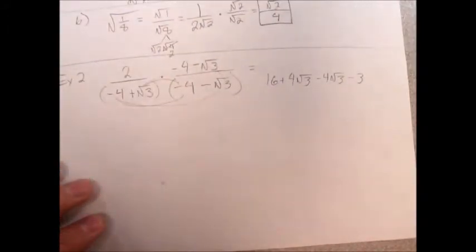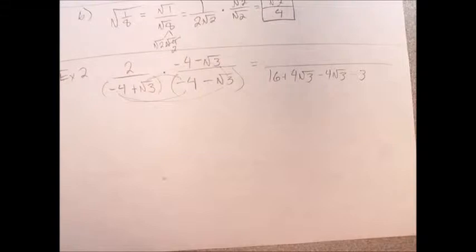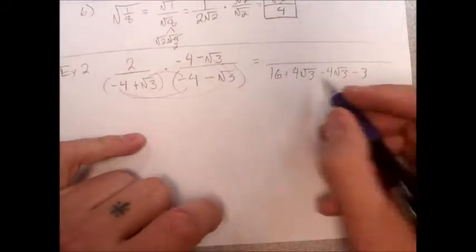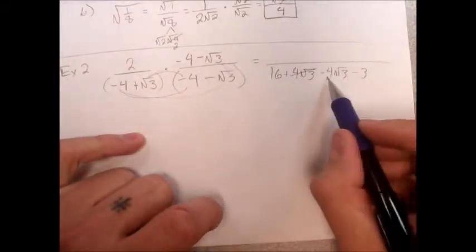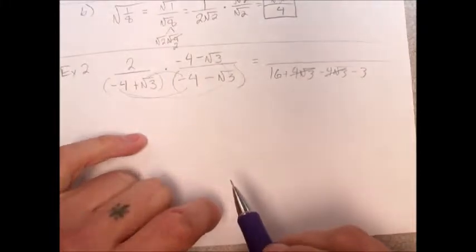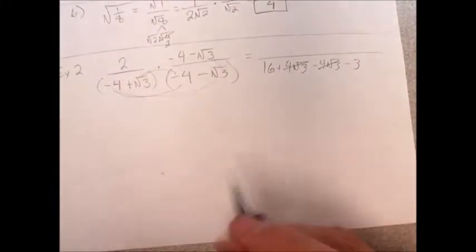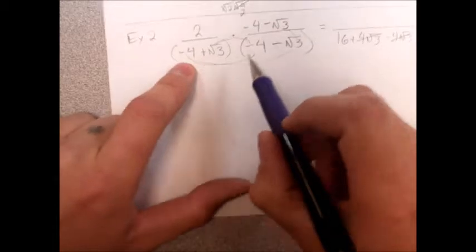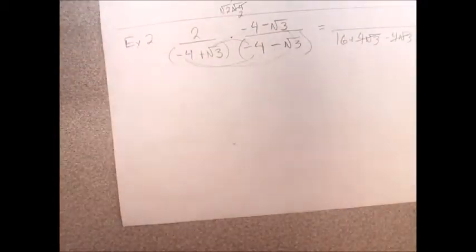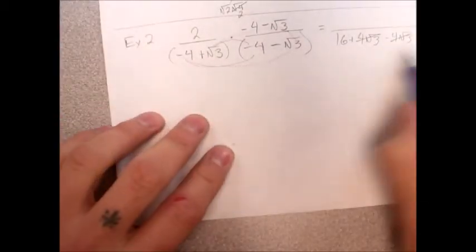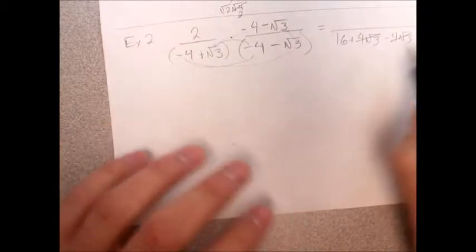Okay. Now, Taylor asked, why did we change the sign? The reason we changed the sign is because we wanted this to cancel. Okay? That's why we changed the sign. This is the difference of two squares, but broken down separately. When we get these down to the actual problem, it is the difference of two squares.